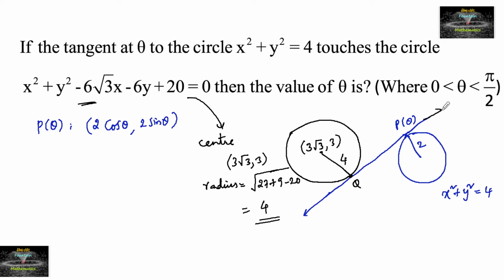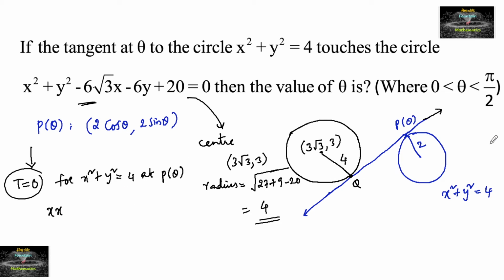And let's find the tangent equation at the point theta for the circle x square plus y square is equal to 4. So it is nothing but x into r cos theta, we can use the parametric form. x into r cos theta plus y into r sin theta minus 4 equals to 0.